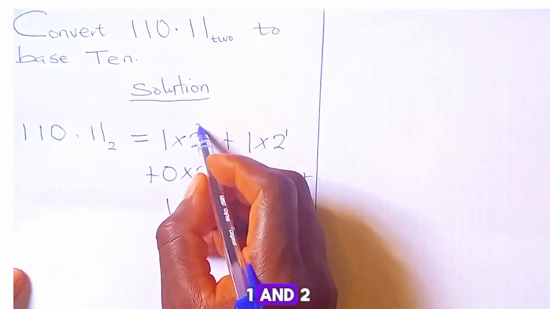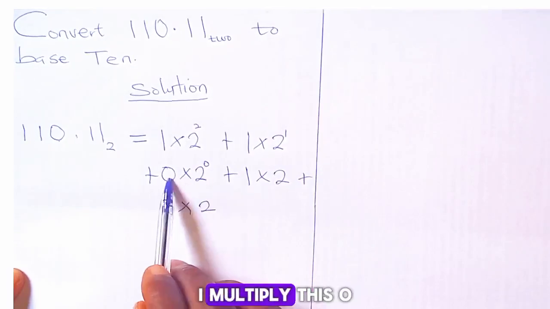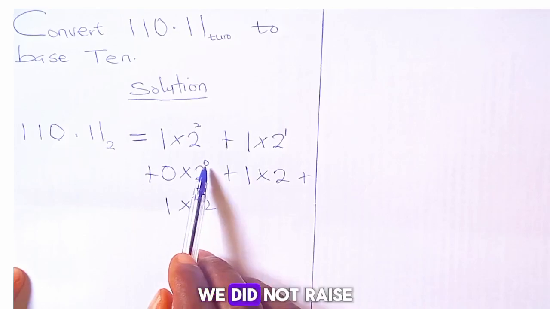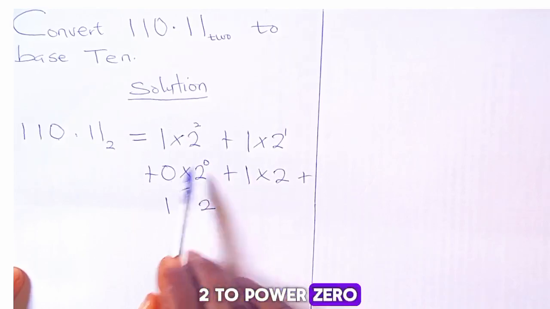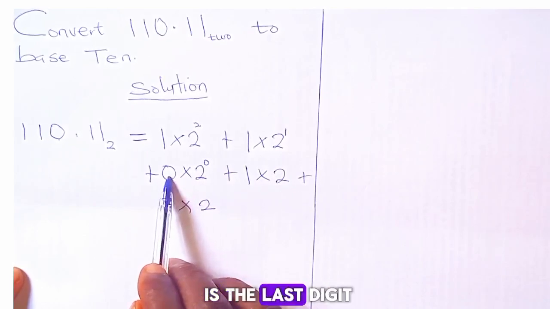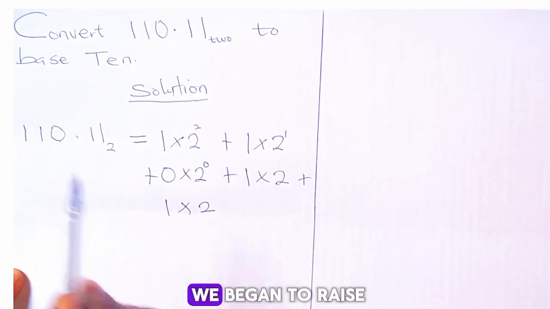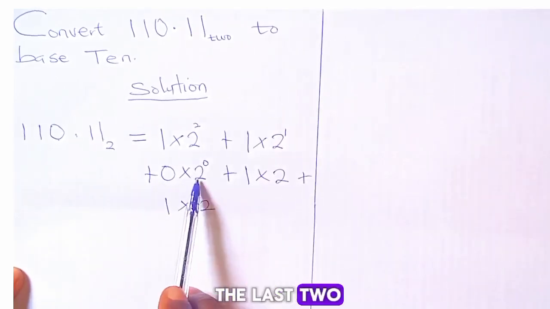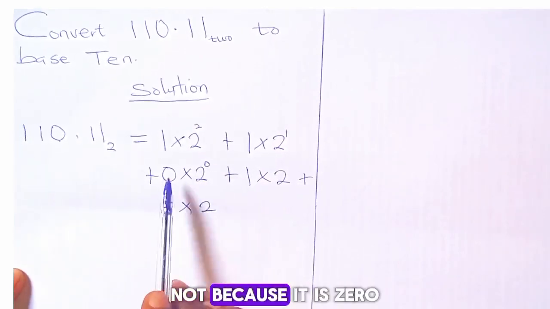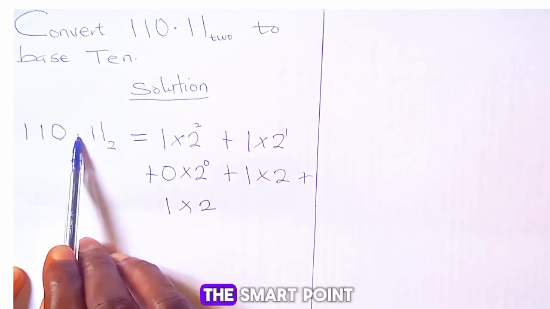Mind you, we did not raise 2 to power 0 because this is 0, but because this 0 is the last digit to the decimal point.